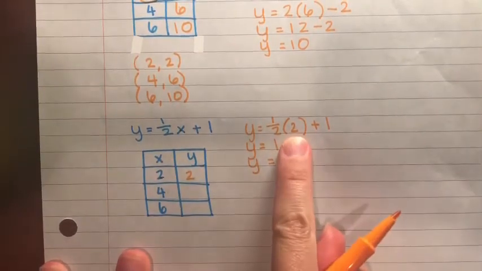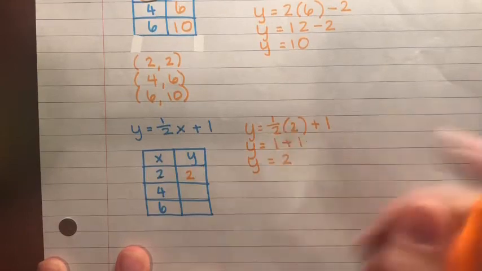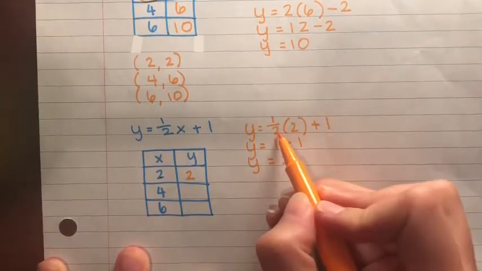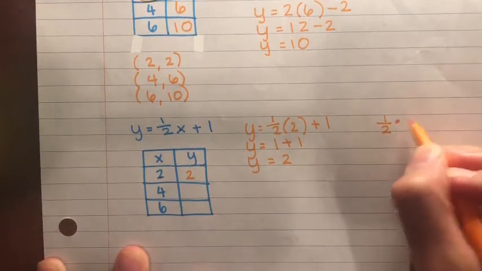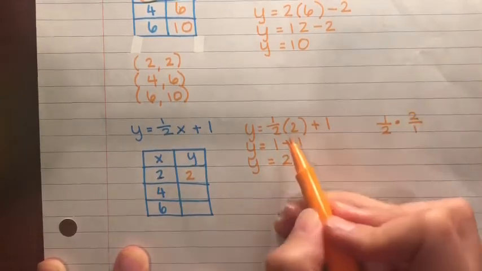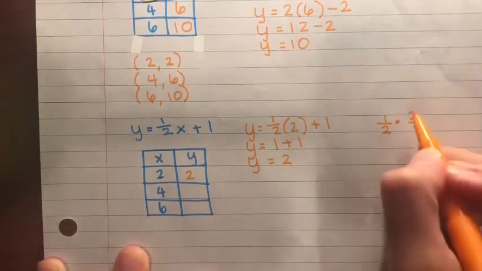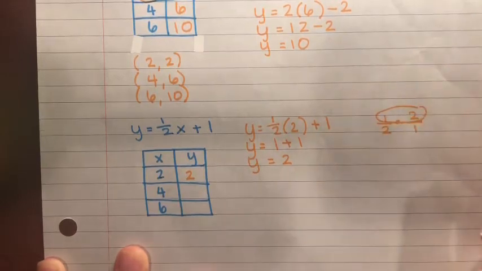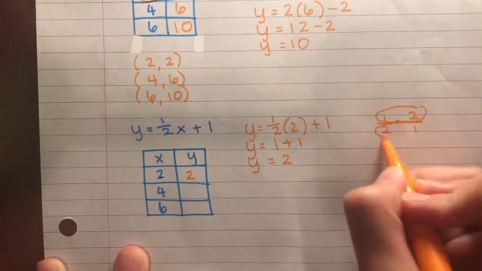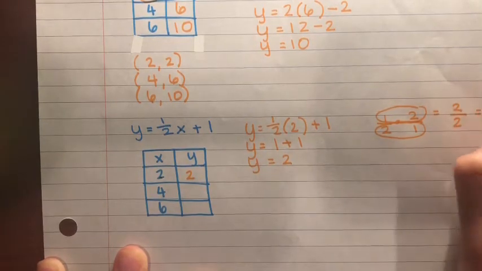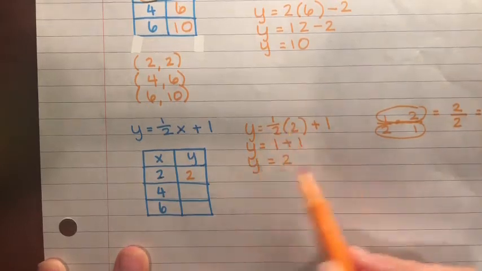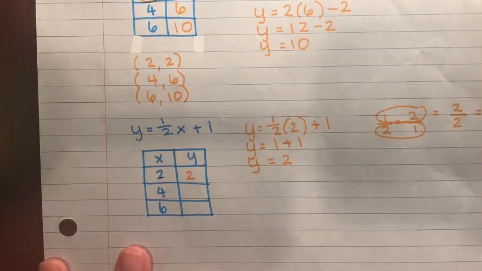Remember, when we're multiplying fractions, 1/2 times 2 can also be written as 1/2 times 2 over 1. We can rewrite 2 as 2 over 1. If I multiply my numerators and multiply my denominators, I'm going to get 2 over 2, or 1. Okay, so that's how I got that 1 there.